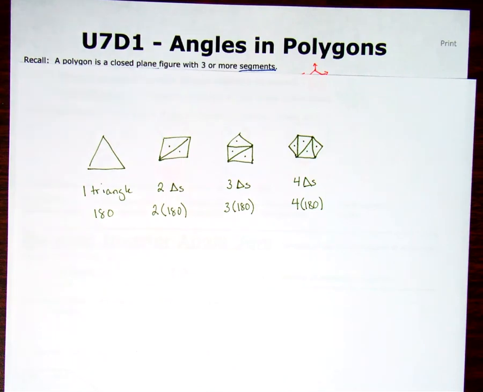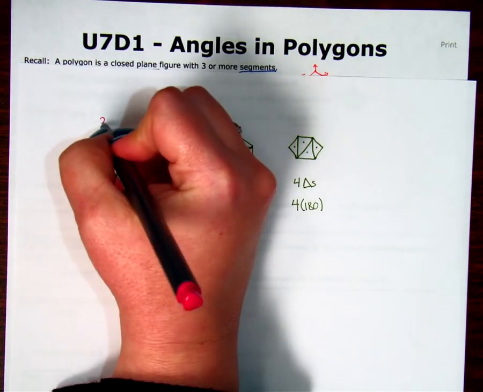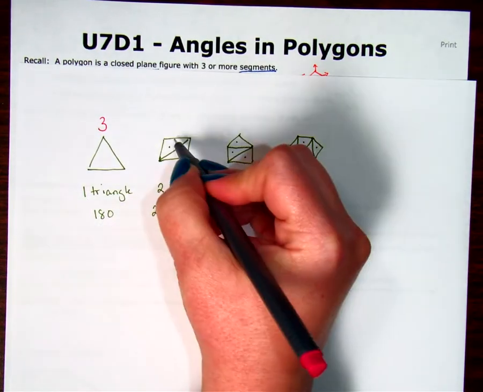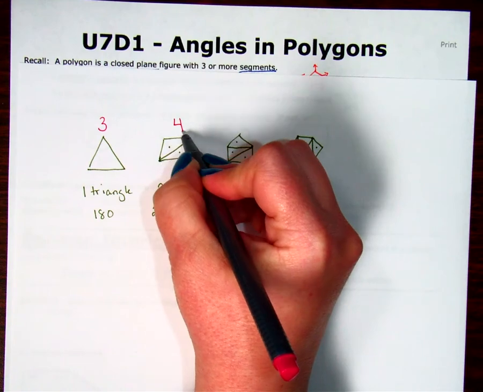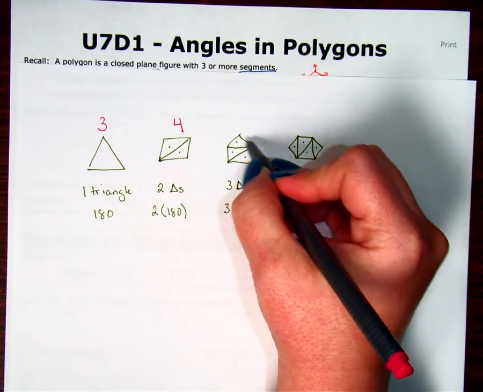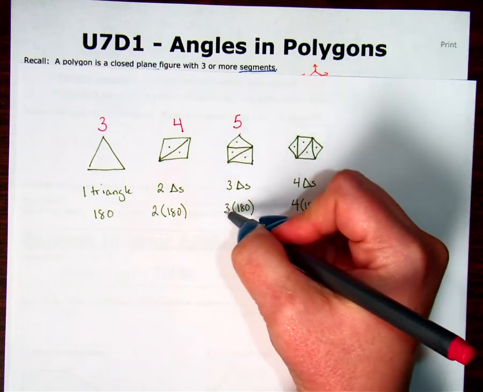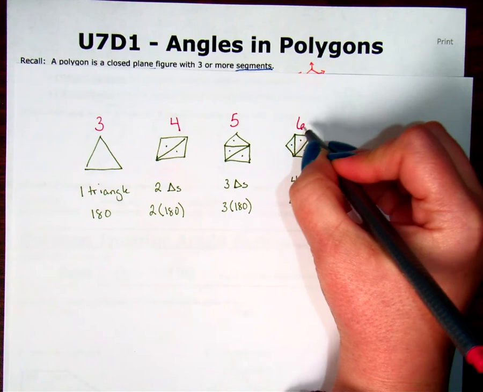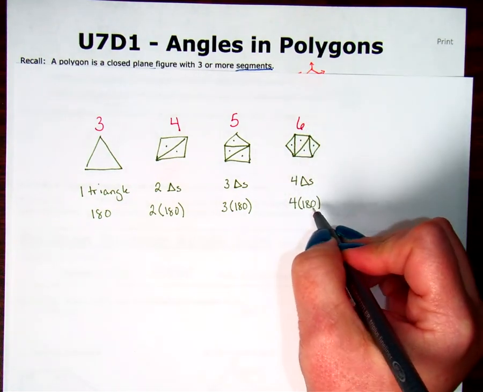My triangle has 3 sides, and I have 1 times 180. A quadrilateral has 4 sides, and I've got 2 times 180. My pentagon has 5 sides, and I've got 3 times 180. My hexagon has 6 sides, and I have 4 times 180.